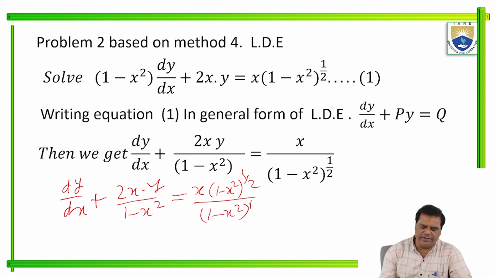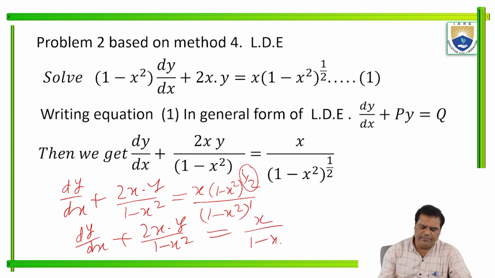So this power is 1, this power is half, so in the denominator we get the power half. Now dy/dx plus 2x into y upon 1 minus x square equal to x upon (1 minus x square) to the power half. This is equation 3.